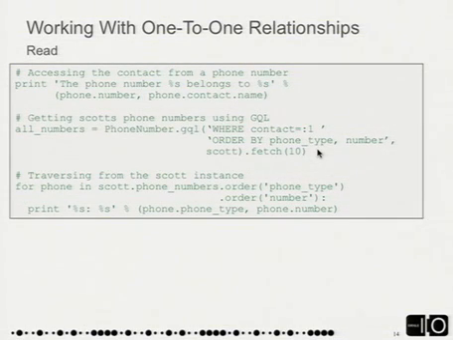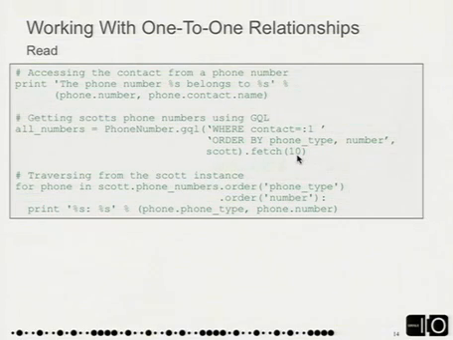GQL is one of them, but as you'll see, we use them somewhere else down below. So when you have a query object, you can tell it, I want to fetch 10 objects. It'll go query the data store and come back efficiently with up to 10 objects. Now, obviously, Scott only has 2 phone numbers, so we're only going to get 2 records back. But if he had 11 objects, we would get the first 10 according to the sort order that we specified.